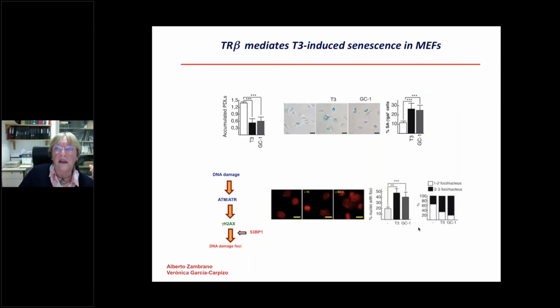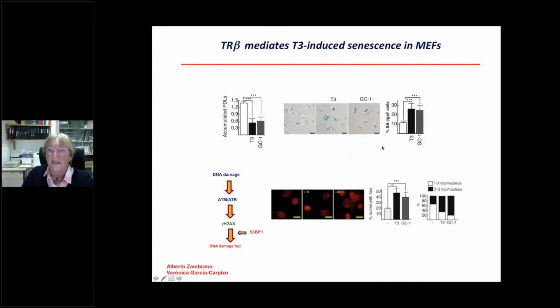And in mouse embryonic fibroblasts, we could observe that incubation with either T3 or with GC1, which is a synthetic analog that specifically binds to TR-beta, induced an important reduction in the accumulated population doubling levels in the cells. And this was accompanied by an increase in the number of senescent cells measured with beta-galactosidase activity.